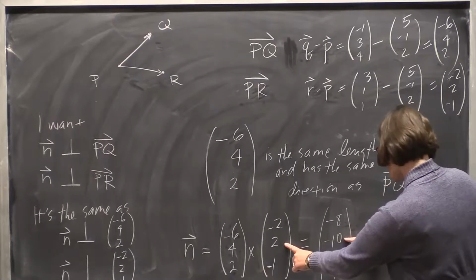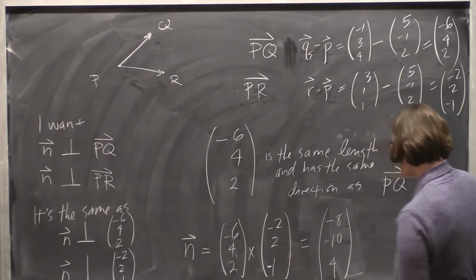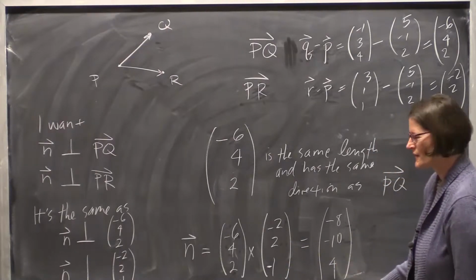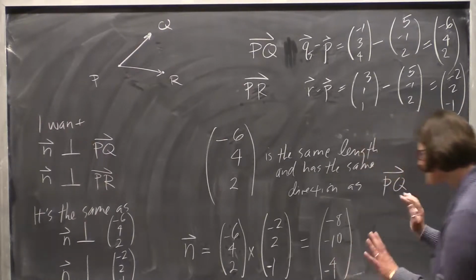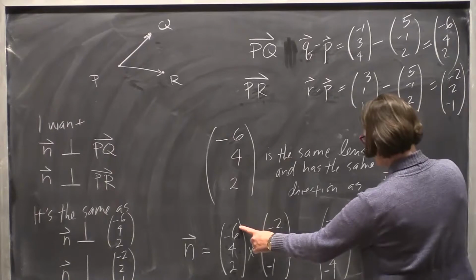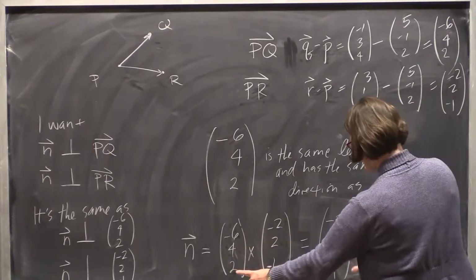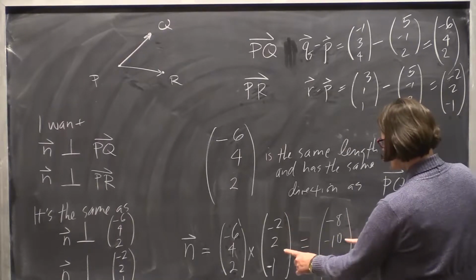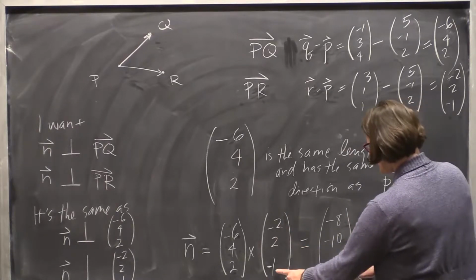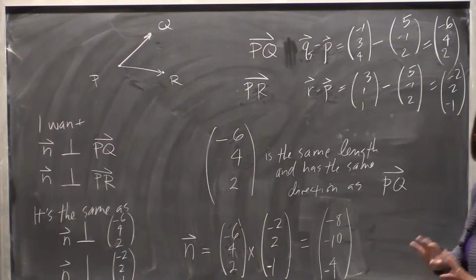I don't believe this. -4? OK, let's do this again. 48 minus 40 minus 8. Yes. 16 minus 20 plus 4 is 0.